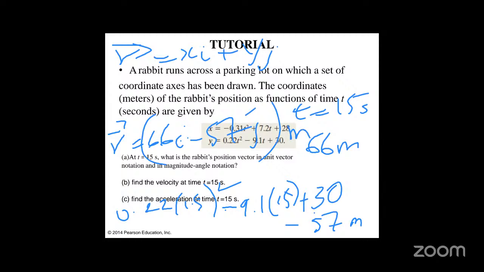So 66i minus 57j in meters. That is our position vector in unit vector notation.